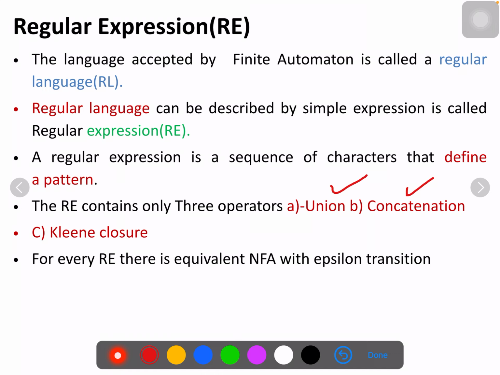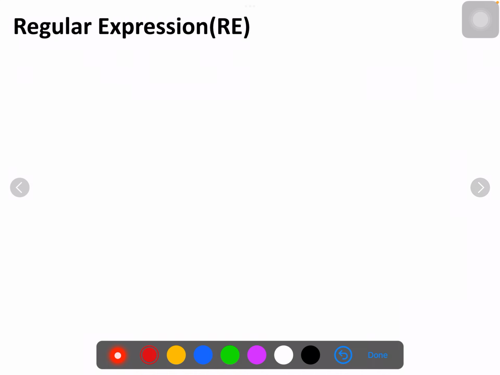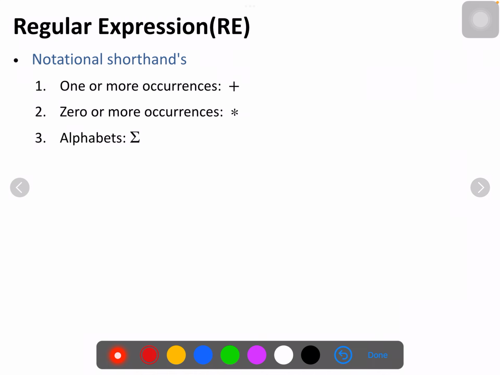Now for every RE there is an equivalent FA with epsilon transitions, as I told you. You have seen the epsilon transition in the previous three slides, right? Now RE, as I told in the previous slide, has one or more occurrence notation.